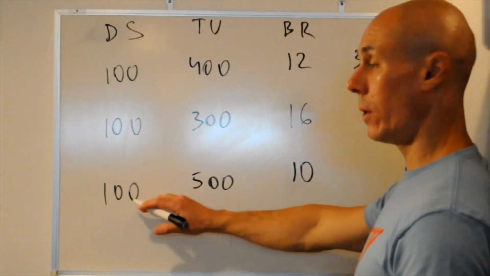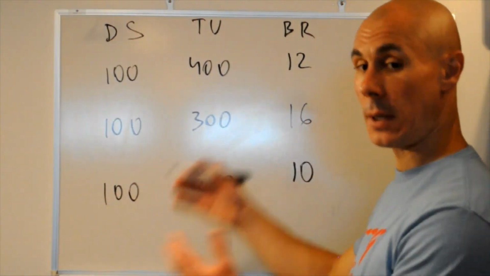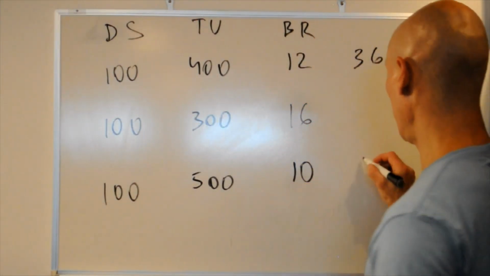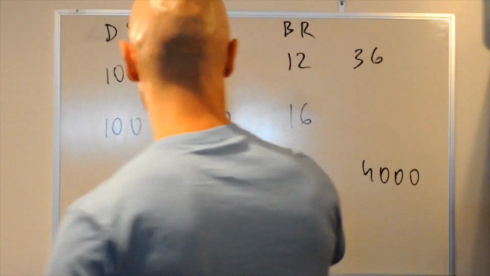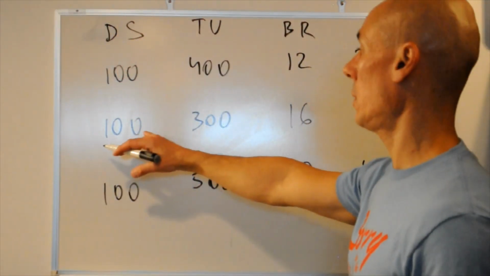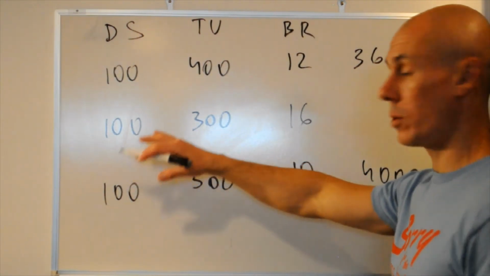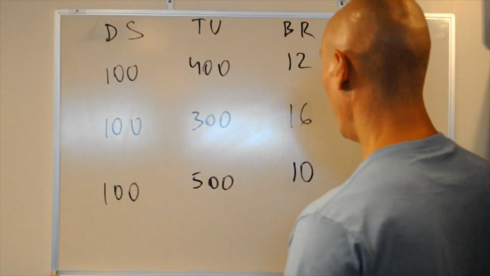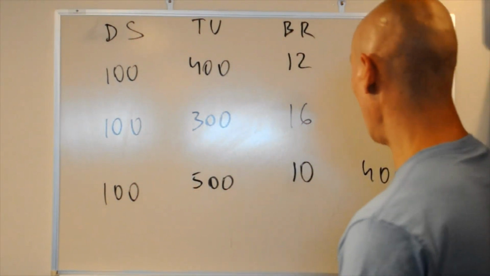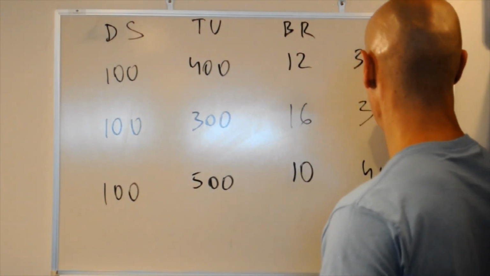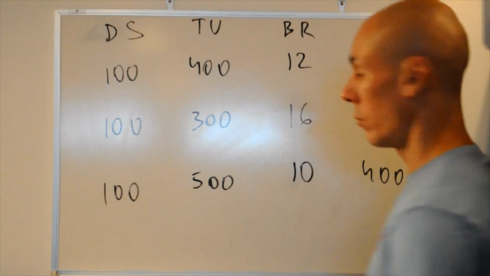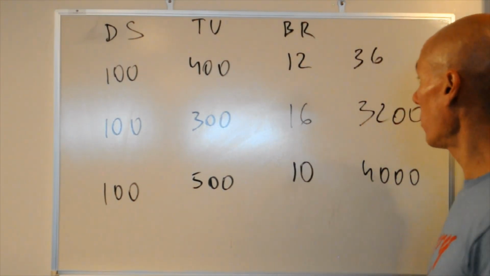So tidal volume minus dead space is 400. Multiplied by 10, 4,000 milliliters. Now here's the difference, 300 minus 100, 200 mils with each breath go into alveoli, times 16, 3,200.